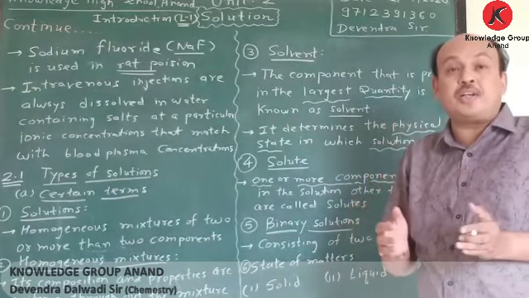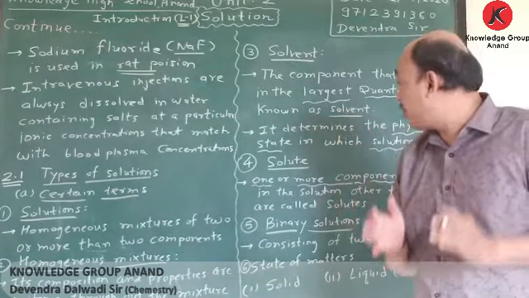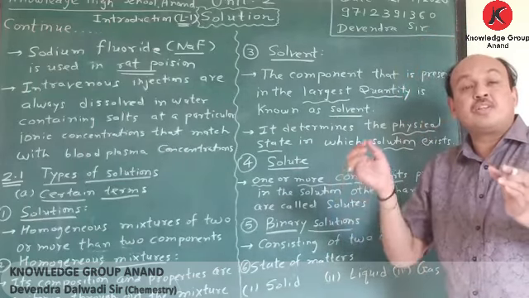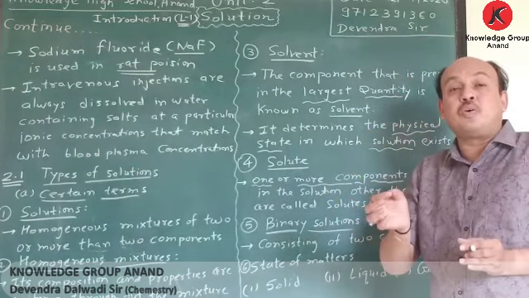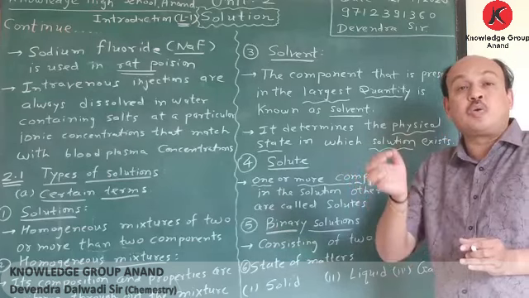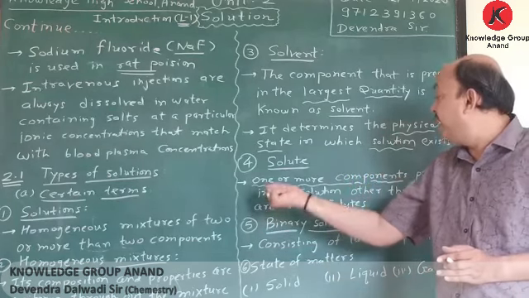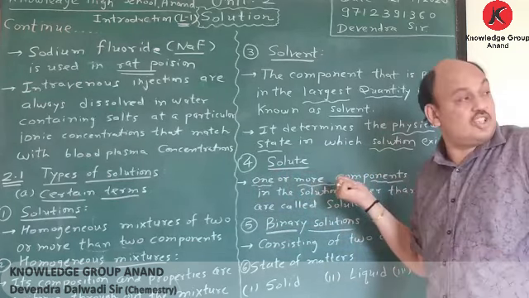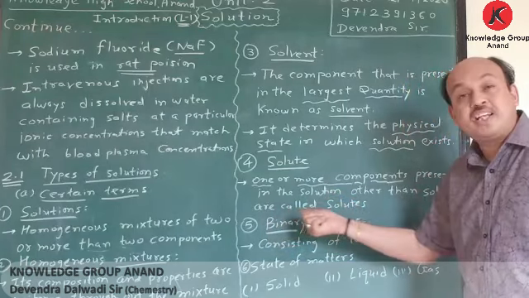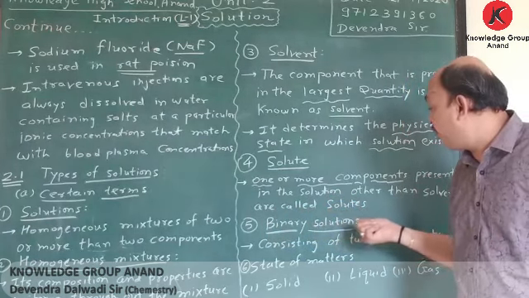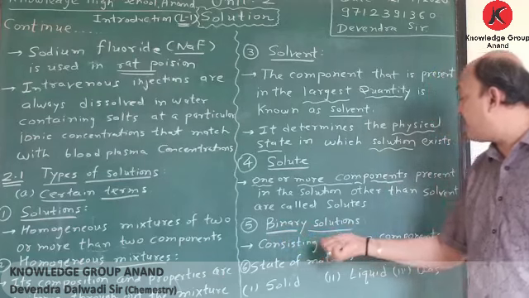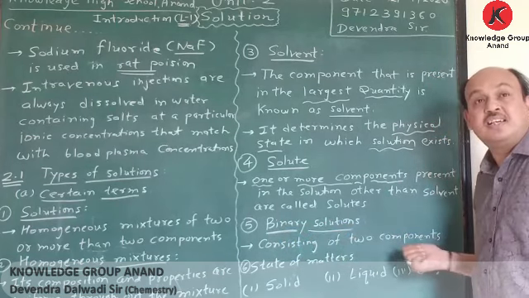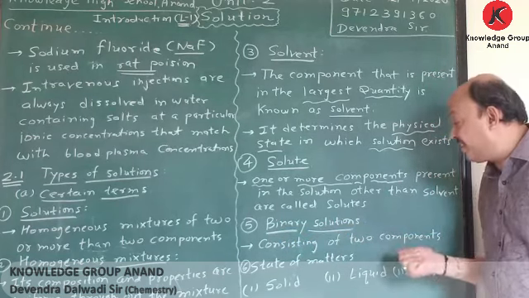If dissolved in water, it is also considered a solution. But the sugar, glucose or sodium chloride are considered solutes. Now, what is the meaning of binary solutions? A binary solution consists of two components, solute and solvent.